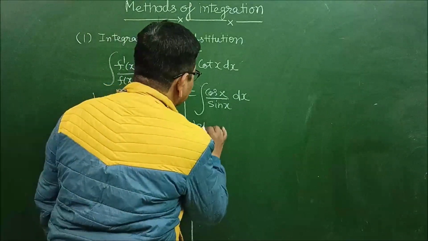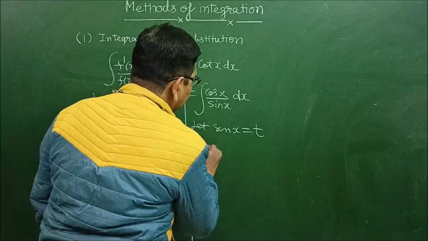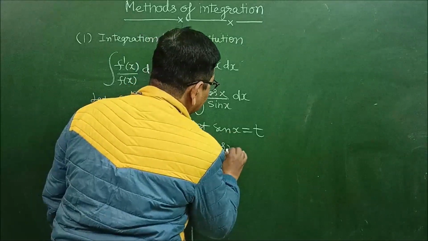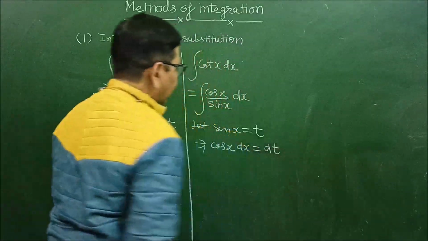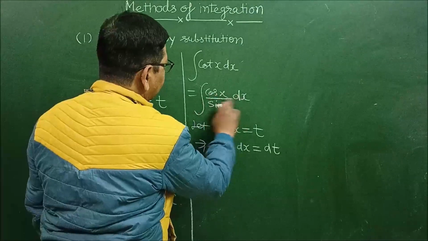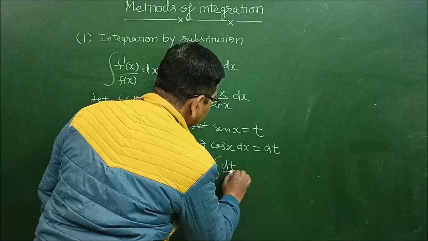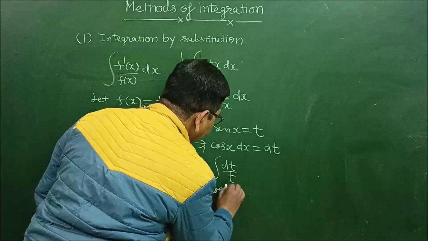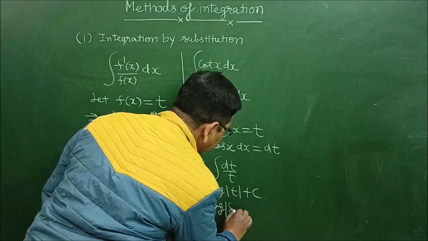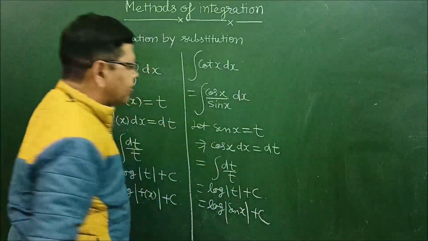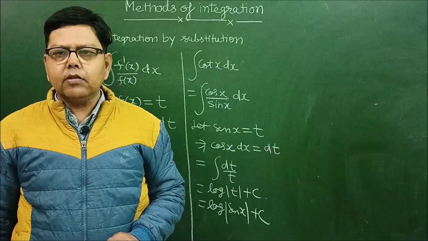Differentiating both sides, the derivative of sin x with respect to x is cos x, so cos x dx is equal to dt. Now cos x dx can be replaced by dt upon t, which is equal to log of mod t plus c. The value of t is sin x, so log of mod sin x plus c.